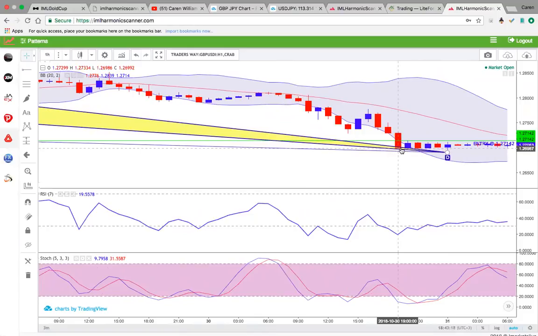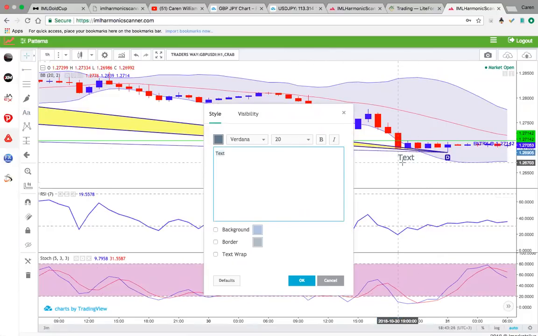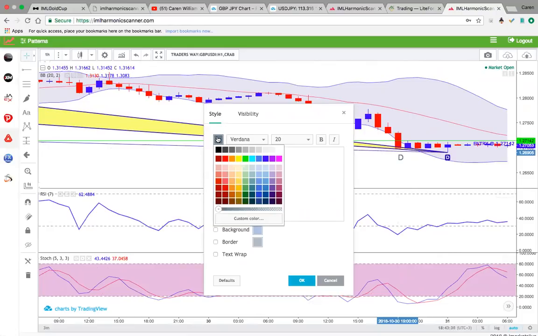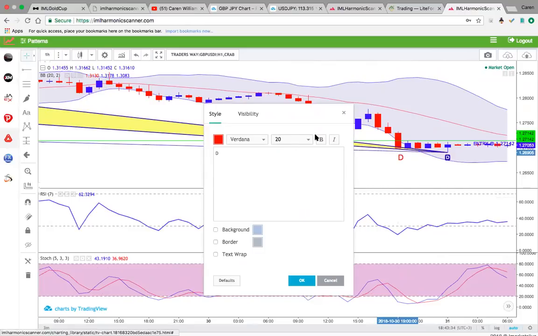Let us envision, let me just put the D here as well. Let's envision this candle here was the D. I'm just going to put it in red, in bold so you can see.